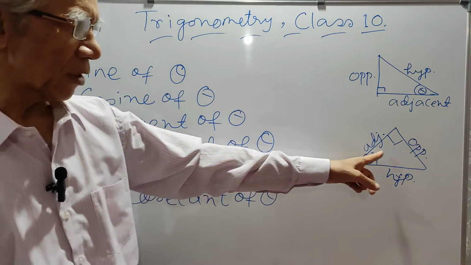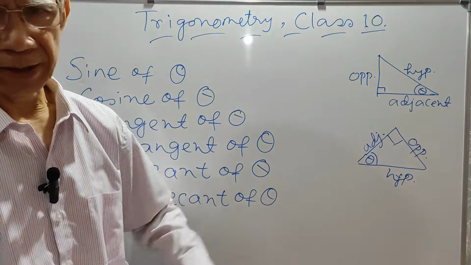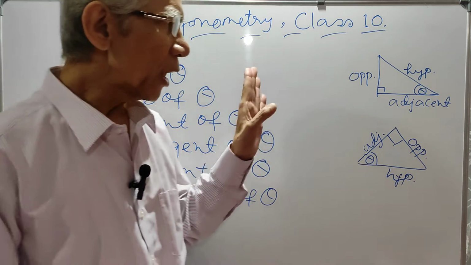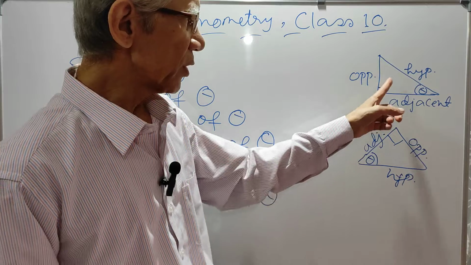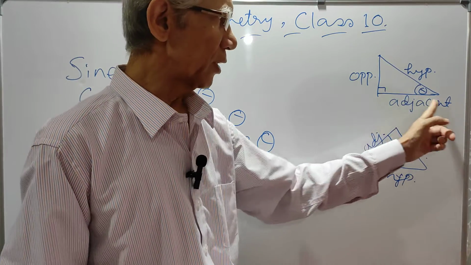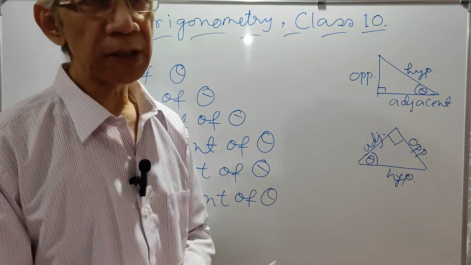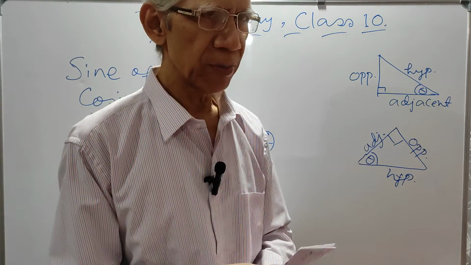Here you cannot say perpendicular, base and all that. So you may have to consider triangles in different positions. In this position it is very easy to say this is perpendicular, this is base. But in this position it is difficult to say which is perpendicular, which is base.